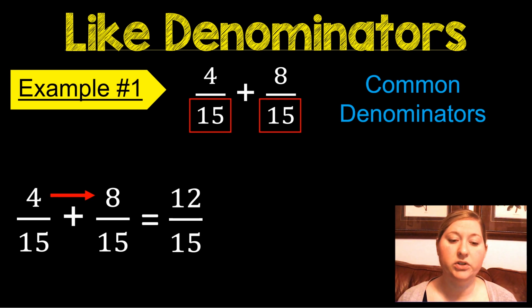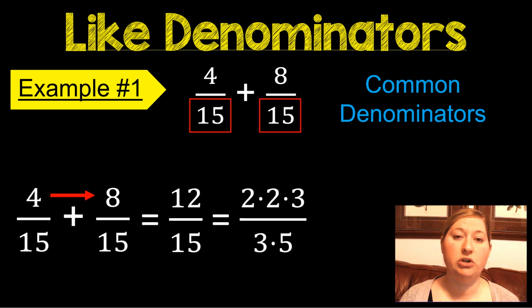What I'm going to do is break the numbers down into prime factorization. So 12, I know, is 2 times 2 times 3, and 15 is 3 times 5. Now I can see that I have some factors that are the same in the numerator and the denominator.